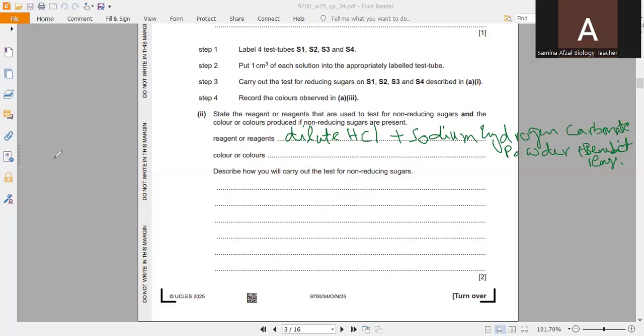So these three are used to test the non-reducing sugar. So color will be again the same, that is from blue to green, green to yellow, yellow to orange, orange to brick red.